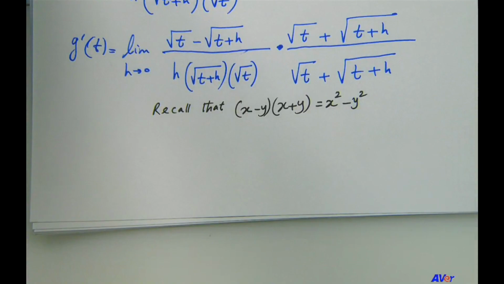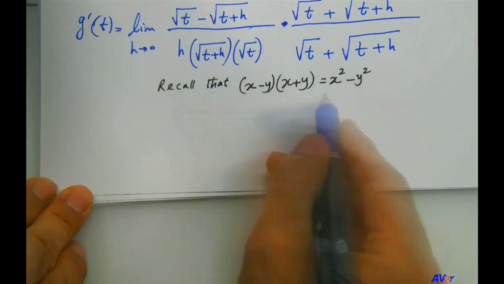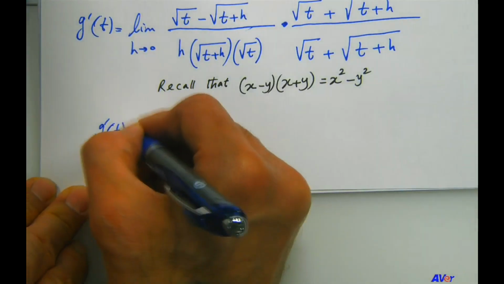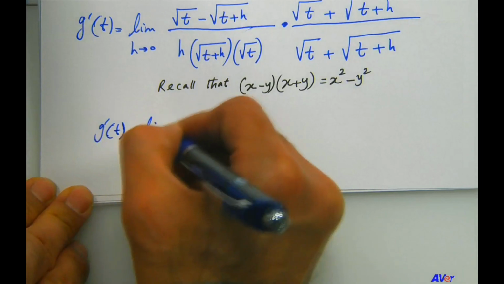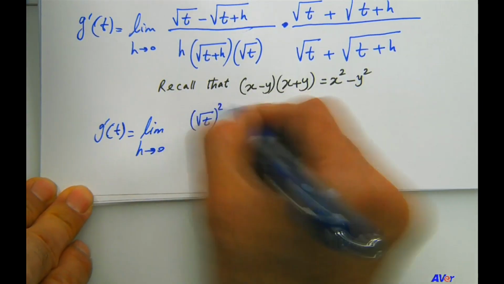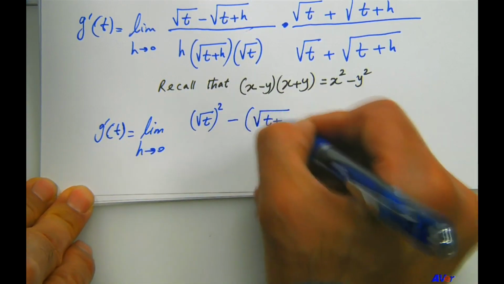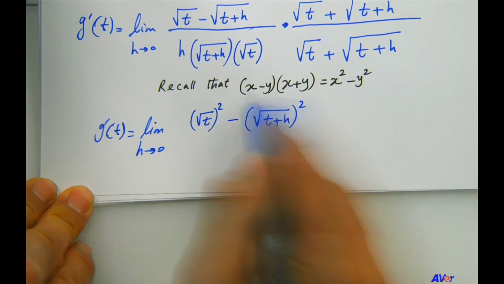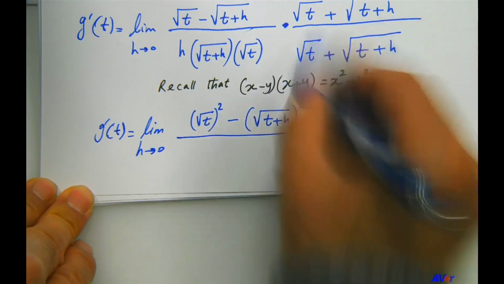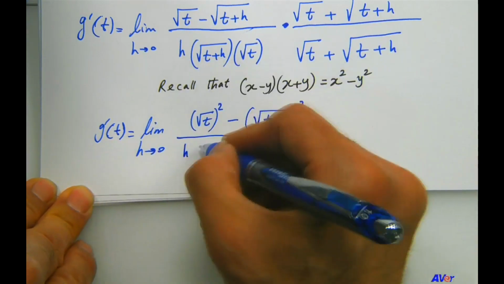So in the numerator, this is what we get according to this. We get g prime of t equals limit as h goes to 0 of square root of t squared minus square root of t plus h squared, right? Based on that. All of that divided by all of that.